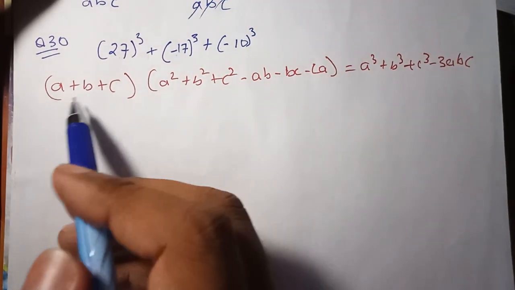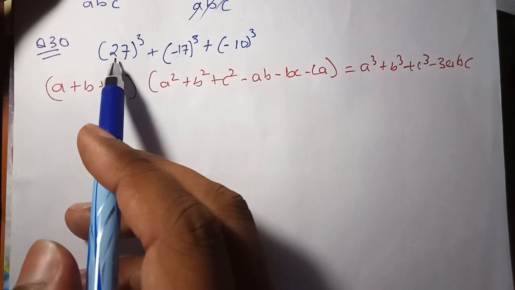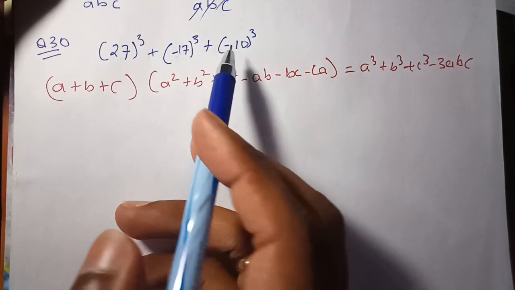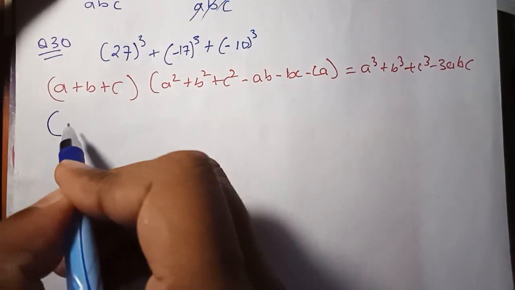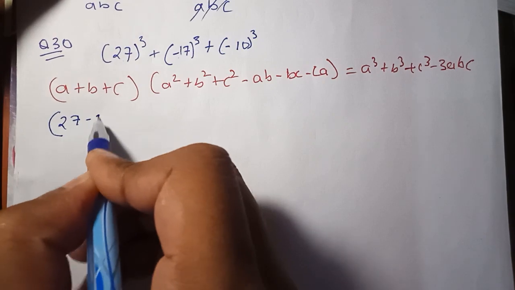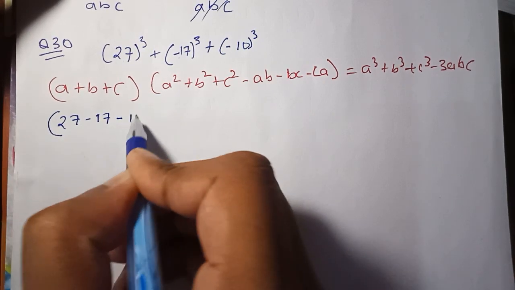So now I'm going to write the values down. Who's acting as a over here? 27, b is minus 17, and c is minus 10. So I'm going to write the values down over here. 27 in a's place, minus 17, minus 10.